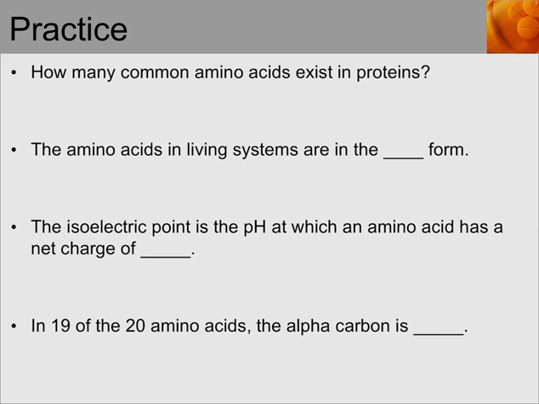The next one, the isoelectric point is the pH at which an amino acid has a net charge of blank. And last, in 19 of the 20 amino acids, the alpha carbon is blank. See if you can complete those sentences, and then we'll go over it together.